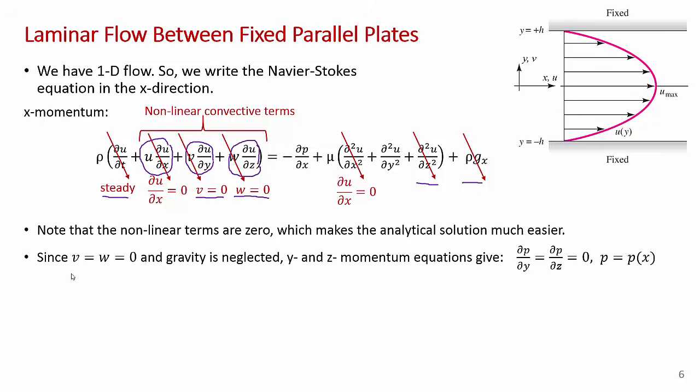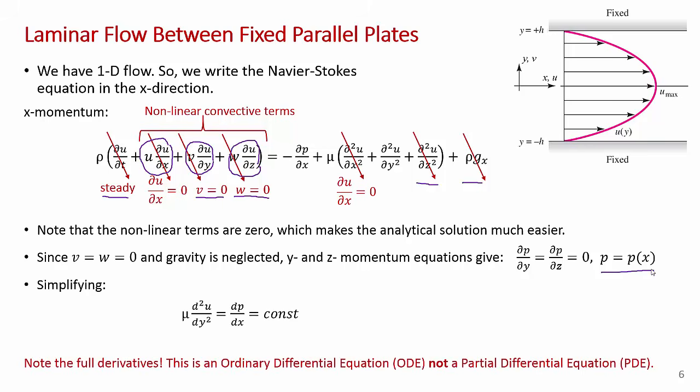Also, I just want to point out that since there is no y component of velocity, v, and no w, the z component of velocity, and gravity is neglected, if you write down the Navier-Stokes in the y and z directions, you'll cross out all the terms except for the pressure gradient terms, and so you can easily show, I'm not going to do it here, that dp/dy and dp/dz are 0. So we get that the result is that the pressure is only a function of x.